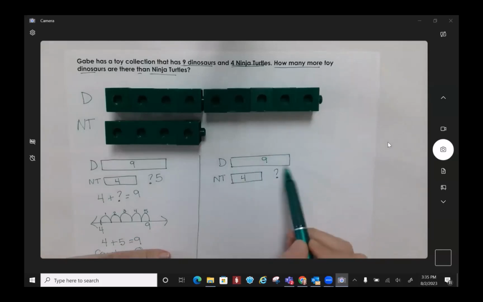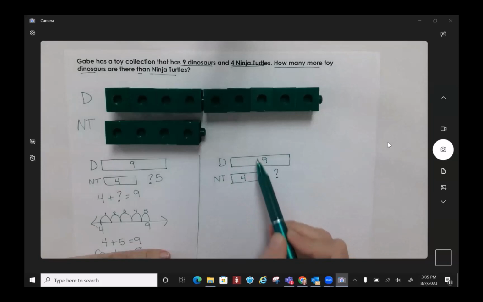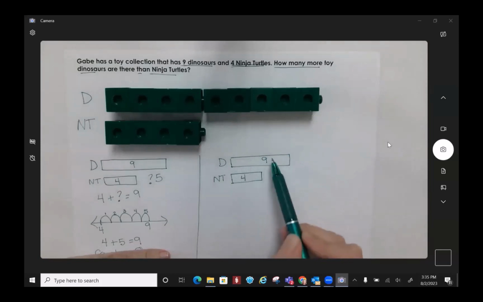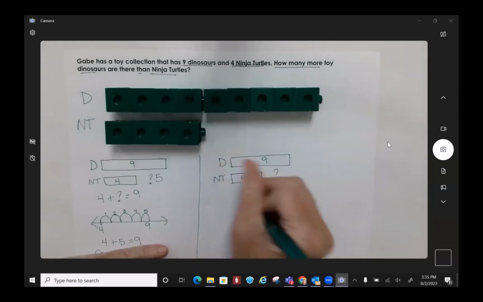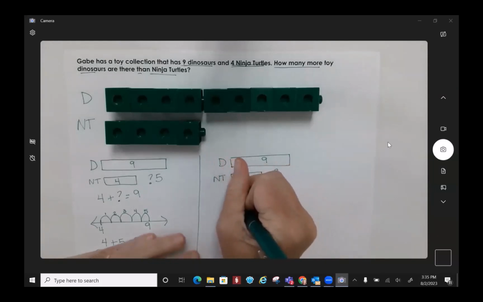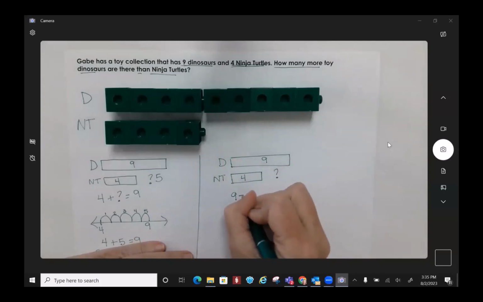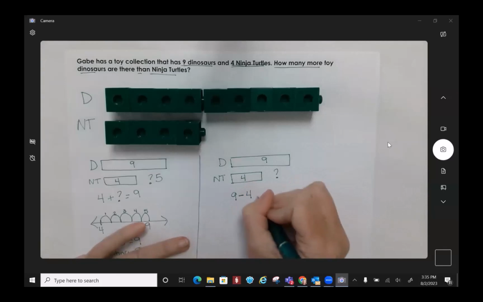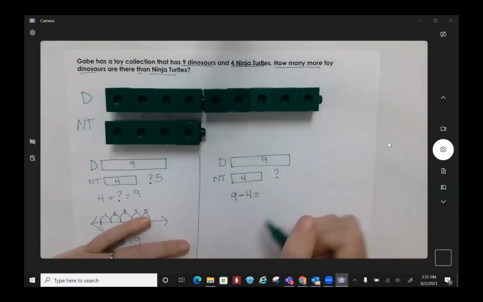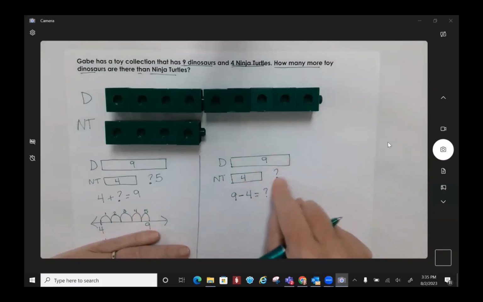And I know that if my whole was 9, and I break off the parts that were the same or subtract the part that's the same, then I would be able to find that piece that's the difference. So if I start with the dinosaurs and I subtract the 4 Ninja Turtles, then I would be able to find that missing number. How many more dinosaurs than Ninja Turtles will I have? Because I would find that missing part.